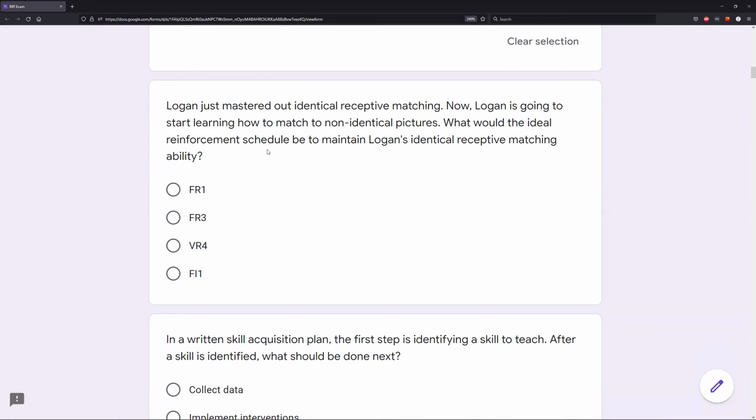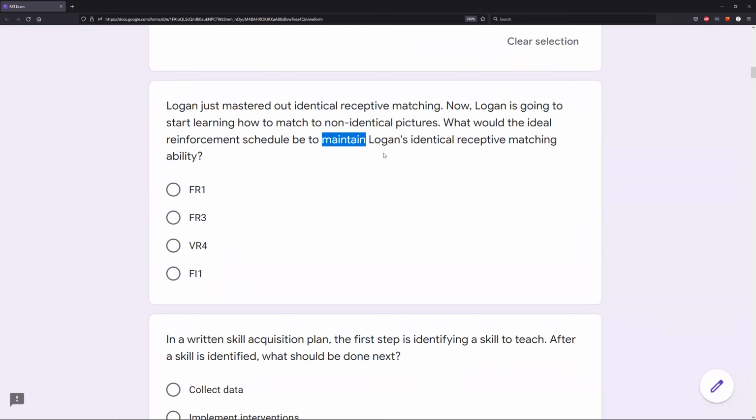Notice how the question tries to trick you, right? They say he just mastered out identical receptive matching, and now we're going to teach him something new. Then they go backwards and say they want to still talk about his mastered out skill. They want to maintain that skill. We're not talking about the skill we're teaching. We're talking about the skill we want to maintain.